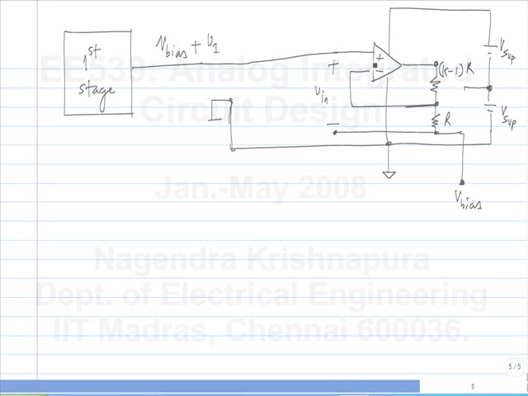So now the input common mode of this is what? V bias. Strictly speaking, it's V bias plus V1 by 2, but we'll say the bias voltage is V bias. Okay? And what is the output I get? In terms of the input signal V1 and any other quantity of interest.